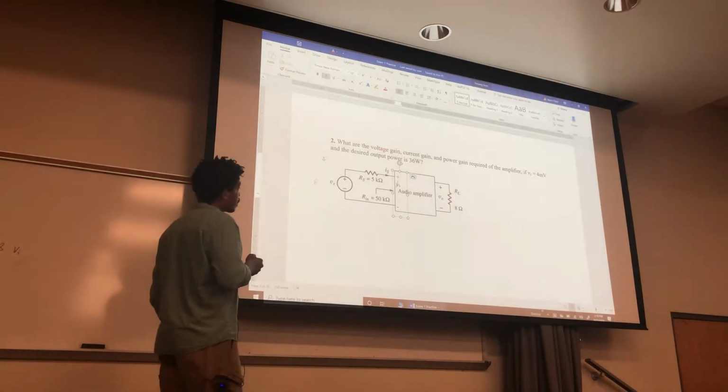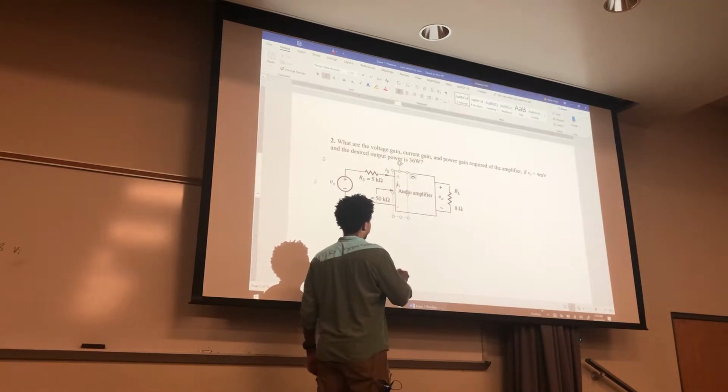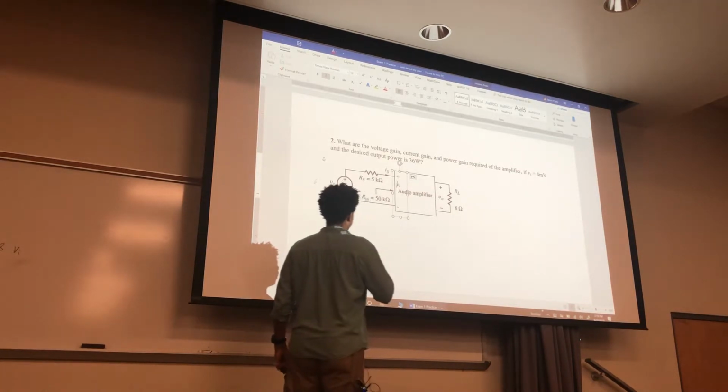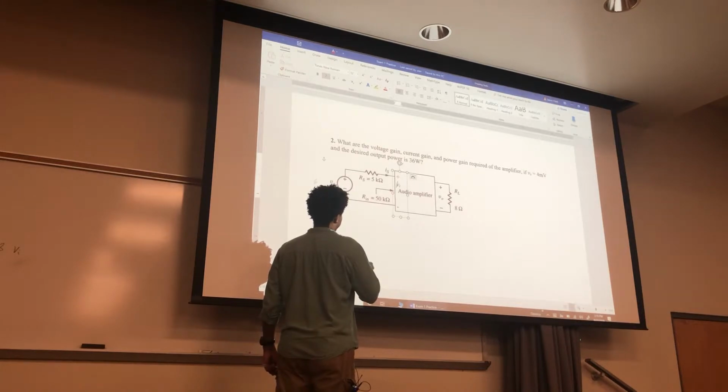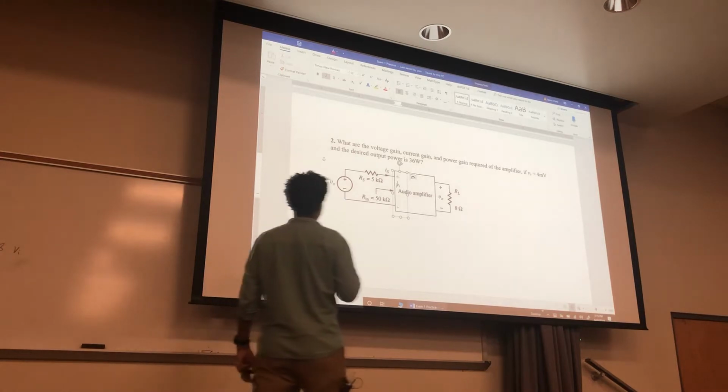So if it's the voltage gain of the amplifier, then it's Vout of the amplifier right here over Vin of the amplifier. Not this one. This is of the amplifier. This is some other power source, and that power source has some resistance, and they're just grouping it together like that, or something else coming in.